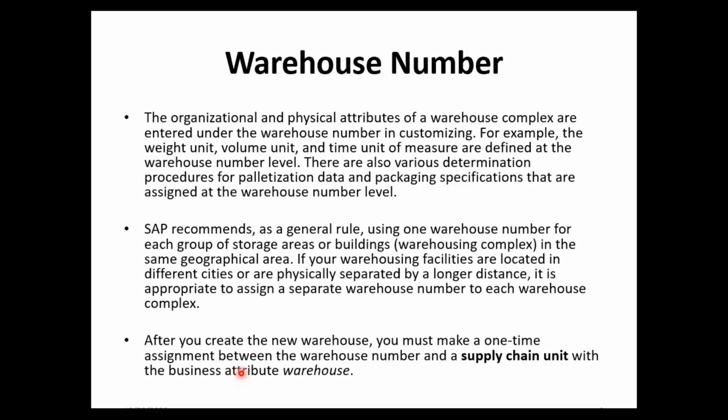A plant, from the SCM system point of view, is a planning location, and the business attributes need to be extended with warehouse to use it for an EWM warehouse. So once we extend this business attribute as warehouse, then we assign the supply chain unit to our EWM warehouse. Okay, let me show you in the system.